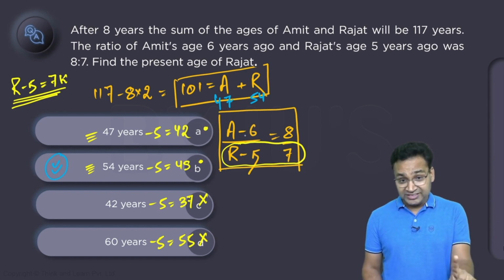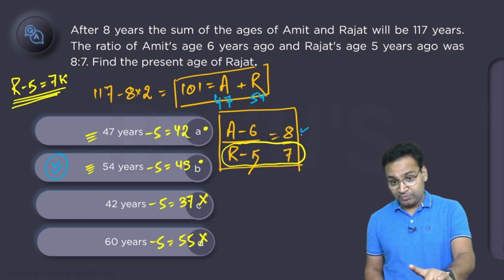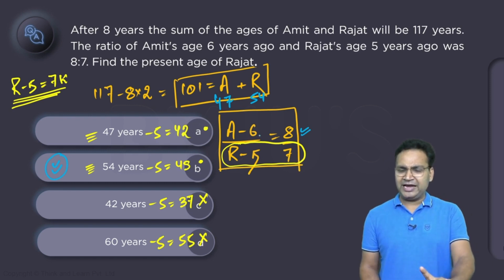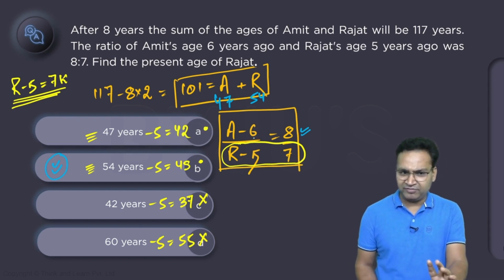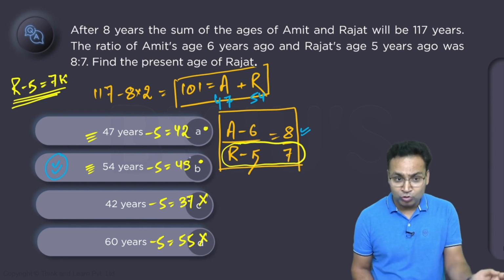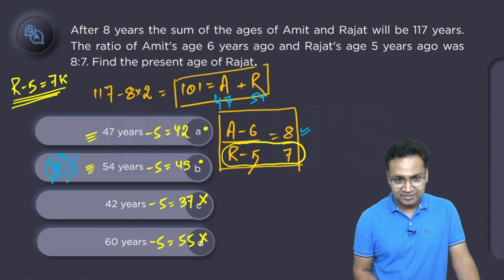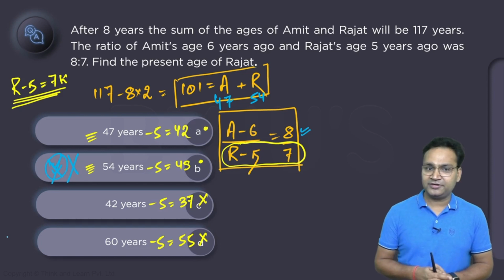Now, 47 minus 6 should be a multiple of 8. 47 minus 6, 41. Is that a multiple of 8? No. So I can sense that option B is not correct.